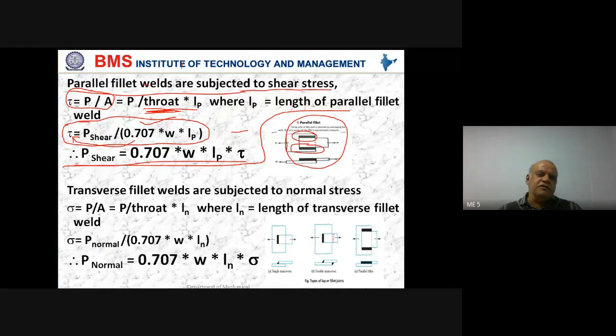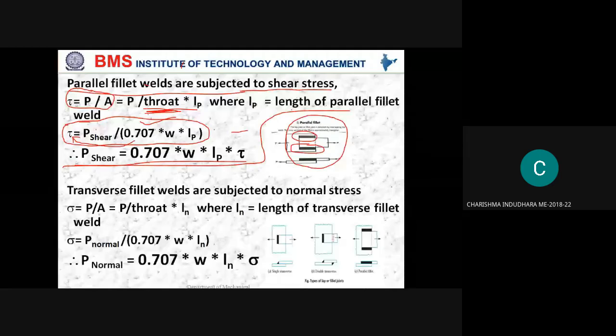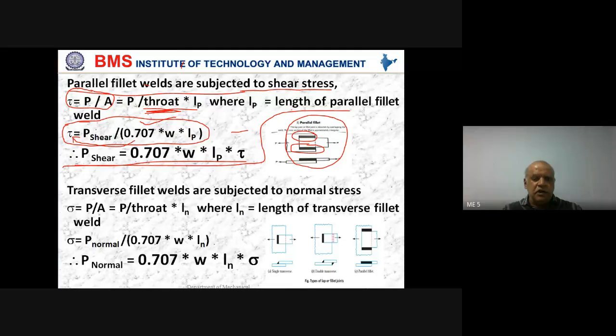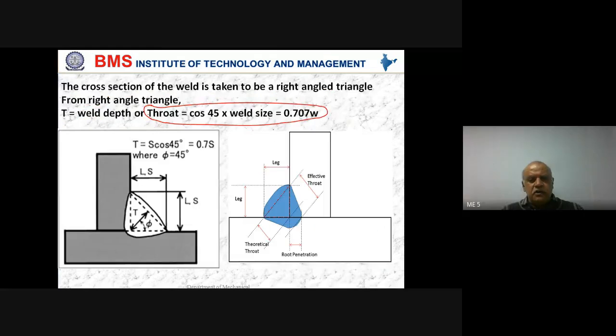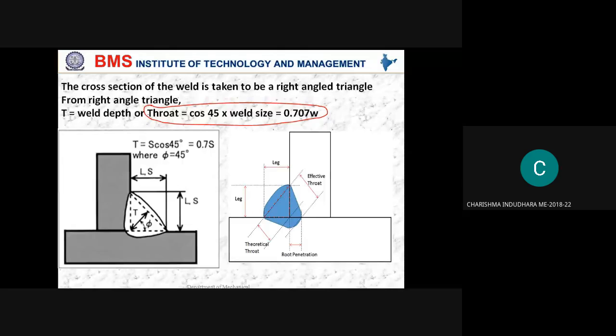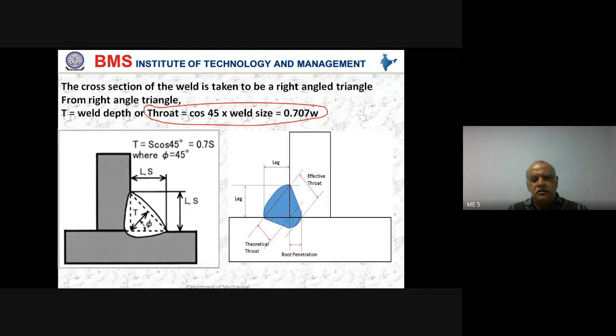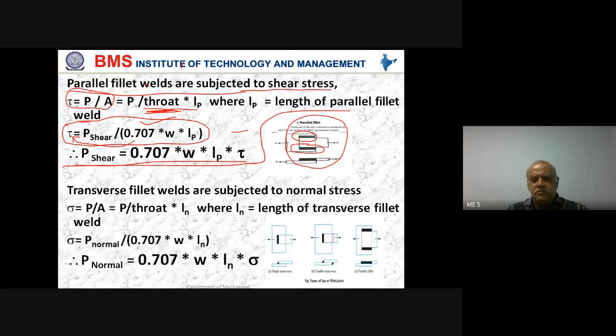That area of cross section is given by length of weld into the throat distance. Excuse me, sir. If you don't mind, can you go back to the first slide? The slide before this. Now is it okay? Yes, sir. Okay. Thank you.